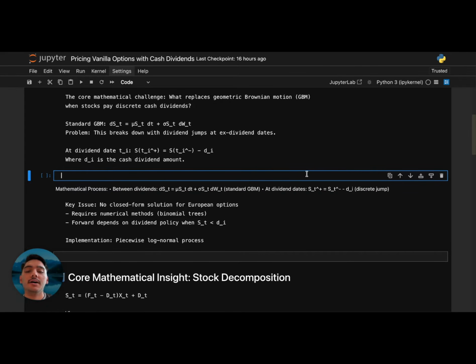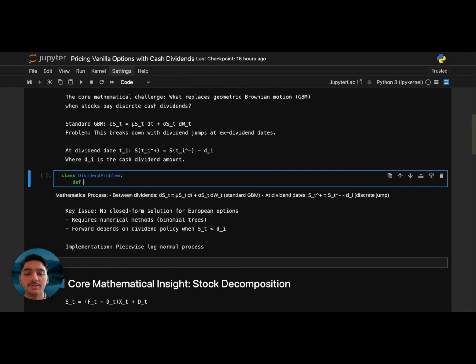So let's start by writing a class named DividendProblem, and let's initialize self, S0, K, T, r, the risk-free rate, sigma, dividend, and dividend time.